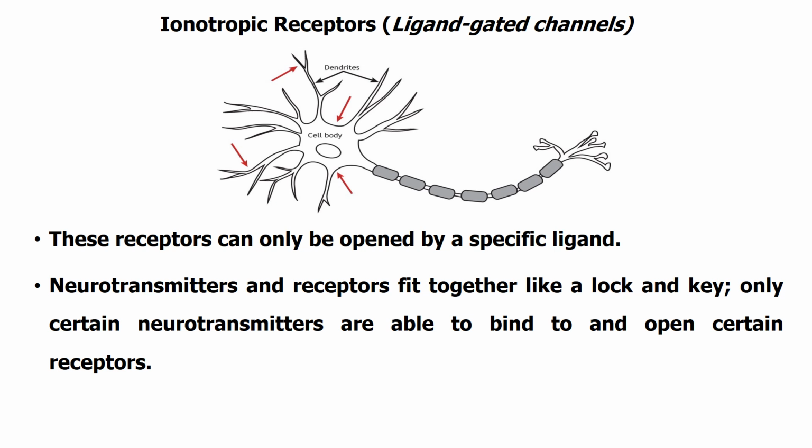Neurotransmitters and receptors fit together like lock and key. Only neurotransmitters are able to bind and open certain receptors in the neuron.